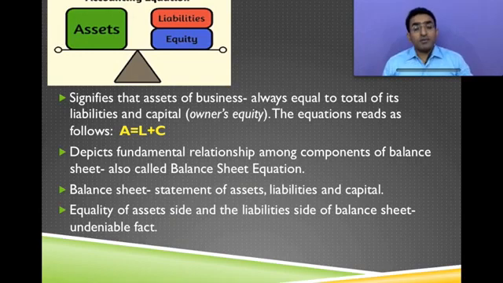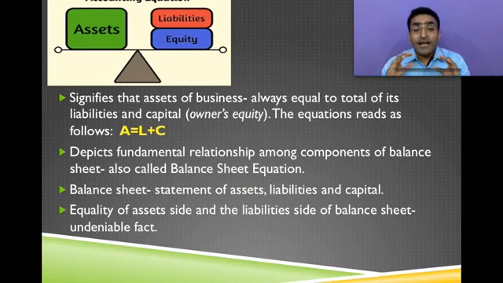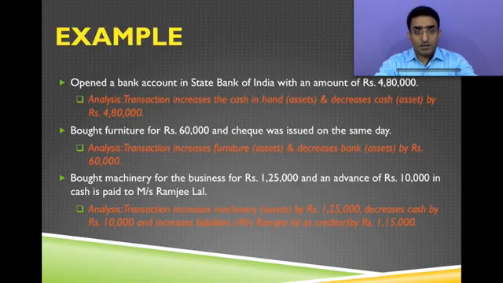We are always talking about a balanced situation where assets are always equal to capital and liabilities. Their total is always equal to assets total. It has to be equal. This is an undeniable fact. You cannot change it.